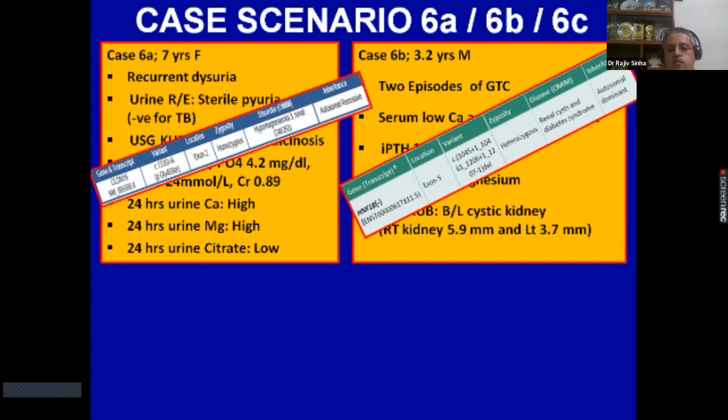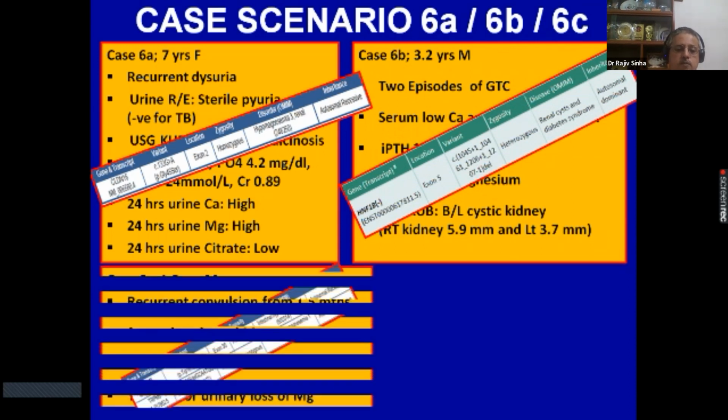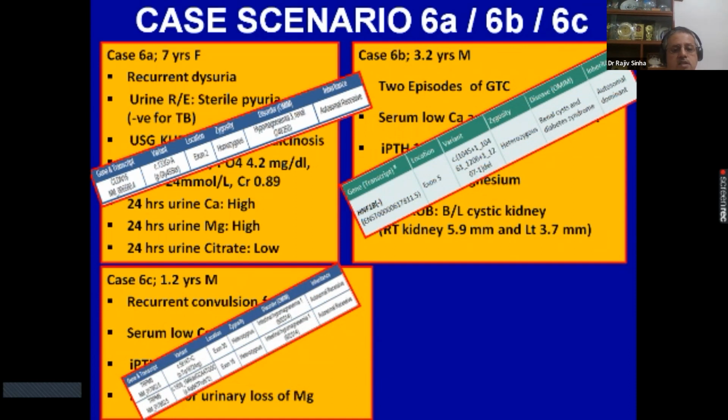Next one, with the bilateral cysts and low magnesium, turned out to have an HNF1B mutation, and HNF1B mutation has been shown to cause renal magnesium wasting. Third child, the one who was having convulsions from about 1.5 months of age, was found to have a compound heterozygous mutation in TRPM6.